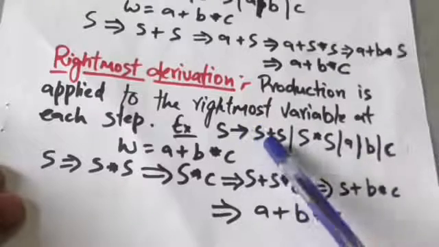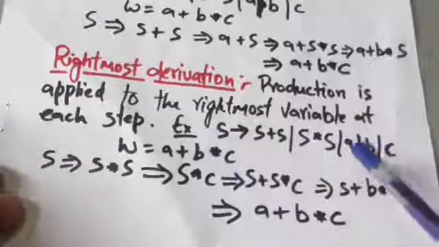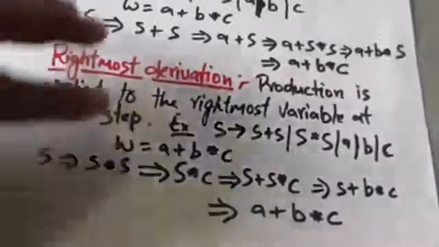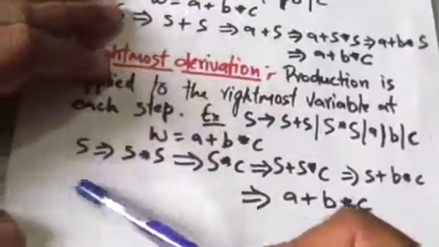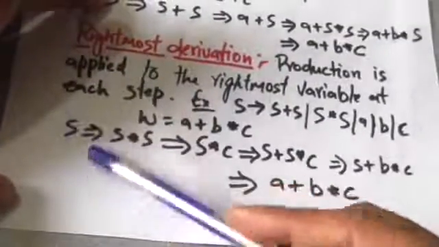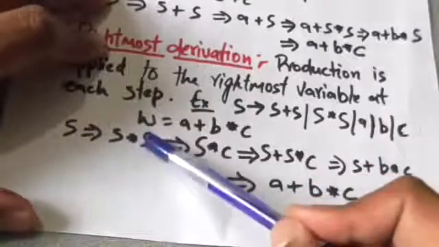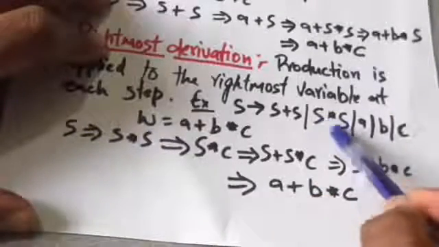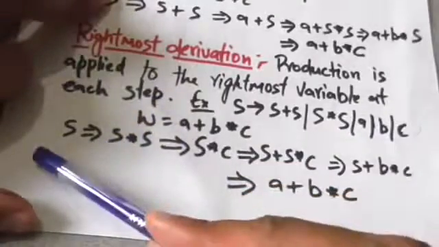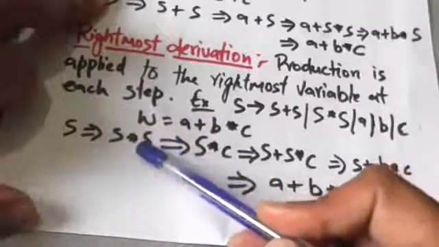S derives S plus S, S derives S into S, S derives a, S derives b, S derives c. Right? Start from S. Here I have applied the production rule S derives S into S. So S is replaced by S into S. Now here I have two options.